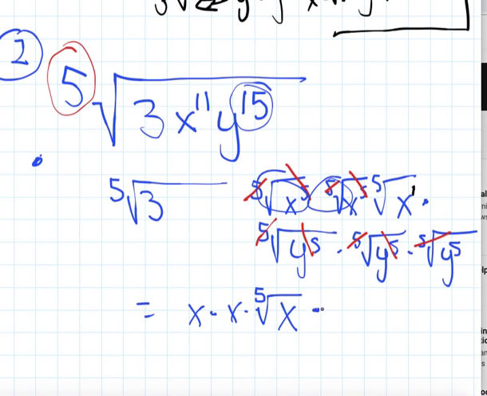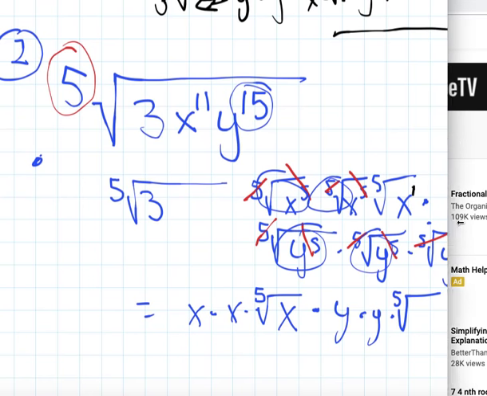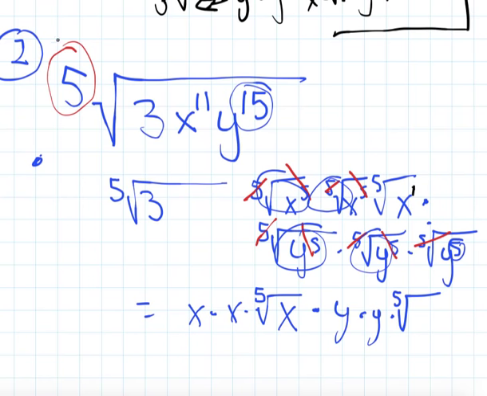Not the y's times, this is y, and one that cannot leave the radical. No, sorry, all of them can leave the radical. All of them are to the 5. Okay.